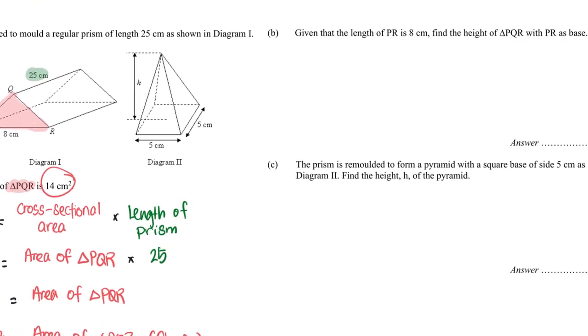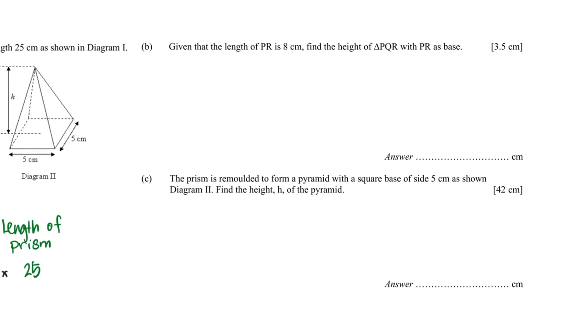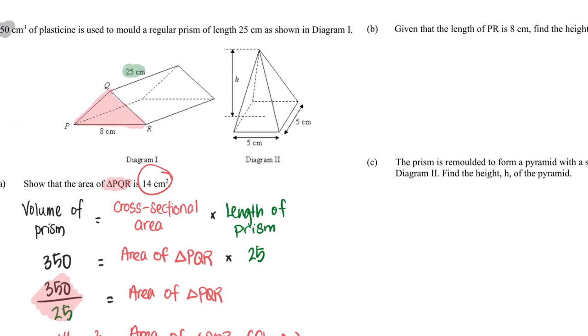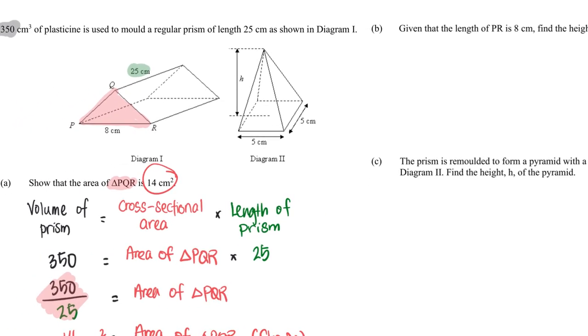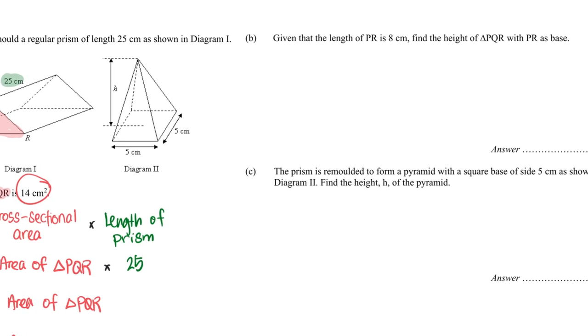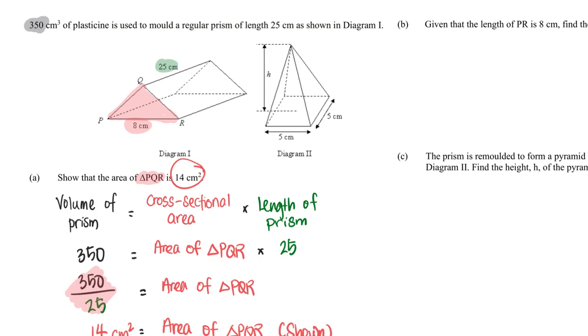Now for part B, we are given the length of PR as well. Find the height of the triangle PQR with PR as the base.